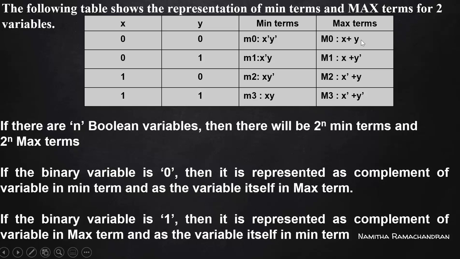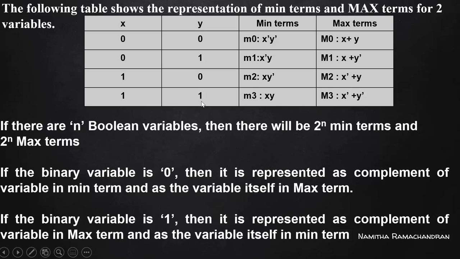In order to represent max terms, we use logical OR operation for combining these variables. And if the value of the variable is 0, then in max terms we use the variable's original form. It means if x equals 0 and y equals 0, we can generate a max term like this, x plus y. If the value of the variable equals 1, then use the complemented form.